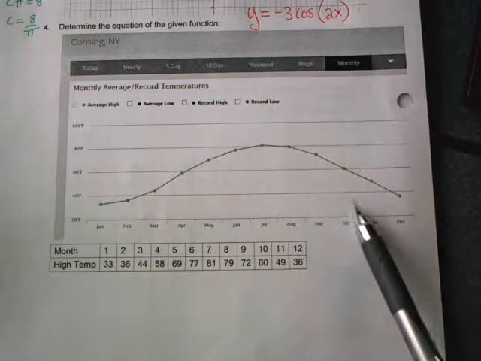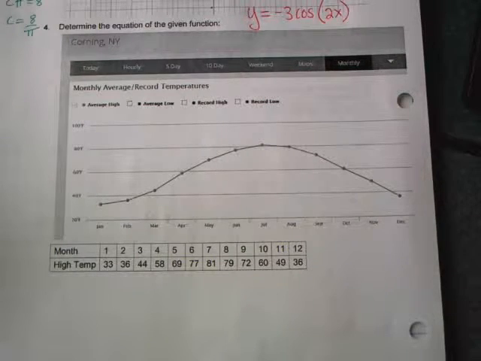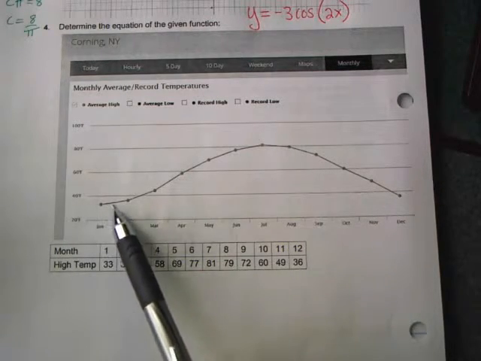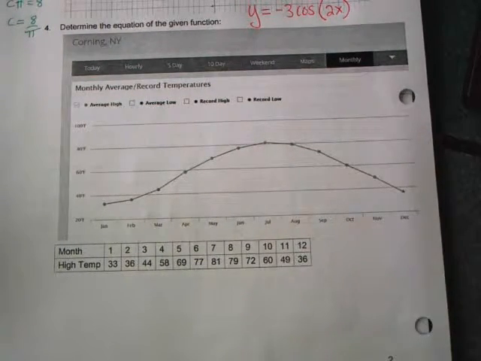It was just lower, of course. I want to know an equation that fits that data. I could plug it in my calculator, but I'm going to do it by hand because I like to. And then we'll do it on our calculator and we'll see how close our answer comes.